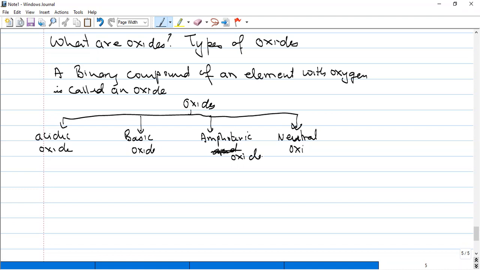What are acidic oxides? We'll see each of them with one example and reaction. एक एक देखेंगे.